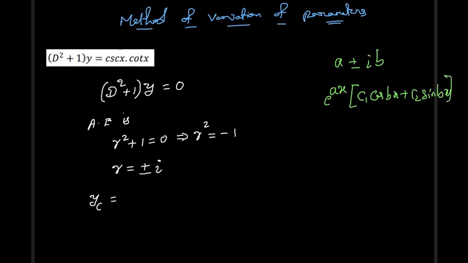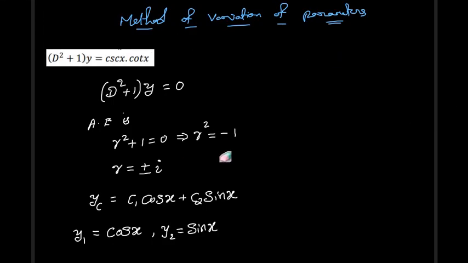But here a is 0 and b is 1, so we can write c1 cos x, because b is 1, plus c2 sin x. That's it. So now the two solutions of the corresponding homogeneous equation are: y1 equal to cos x and y2 is sin x.